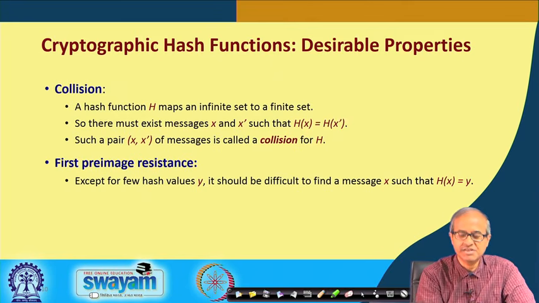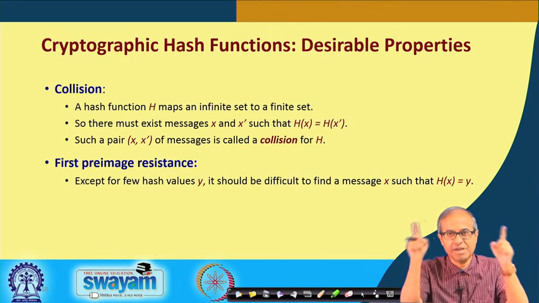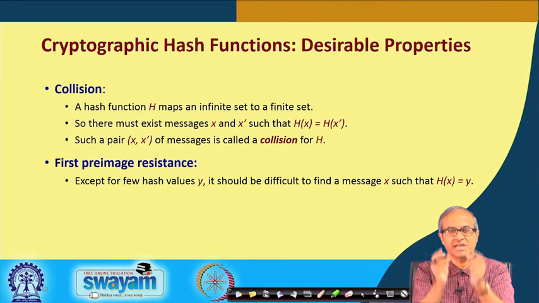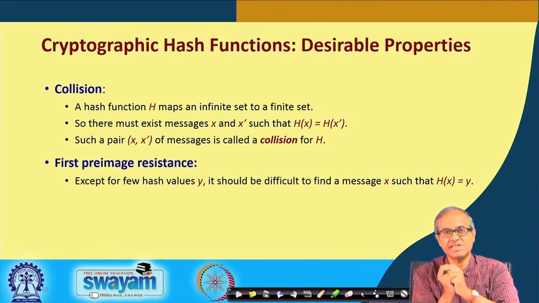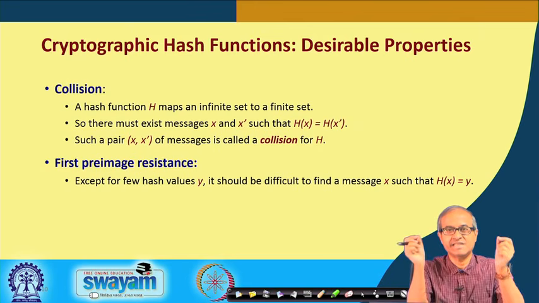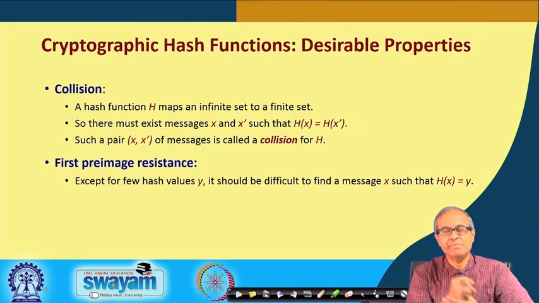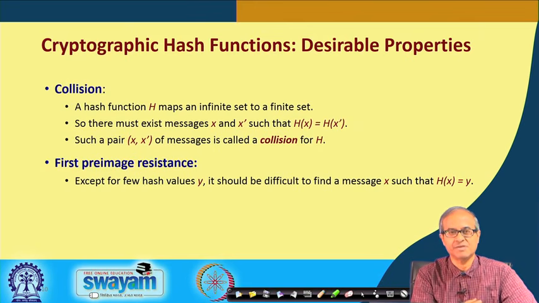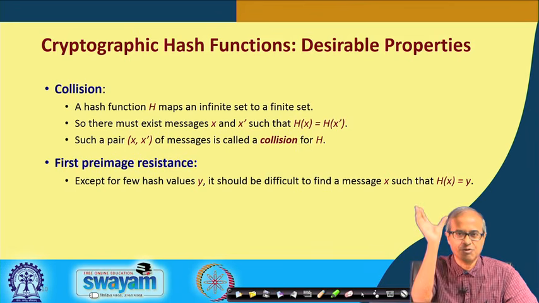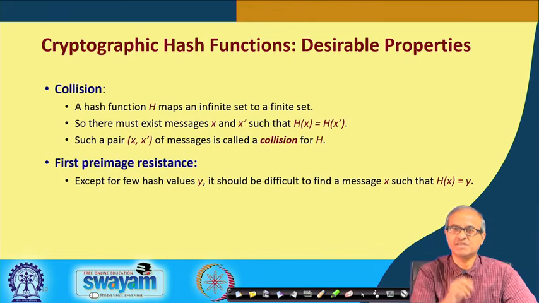So, what is a collision? Collision means that because you are mapping a larger set to a smaller set, there will always be two distinct messages, say x and x prime, which map to the same hash value. Because your message can be 1000 bits, your hash can be 100 bits. So, there will always be a many to one mapping and such collisions will happen.